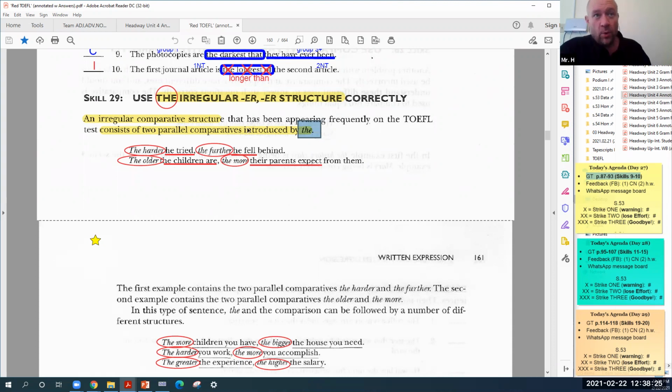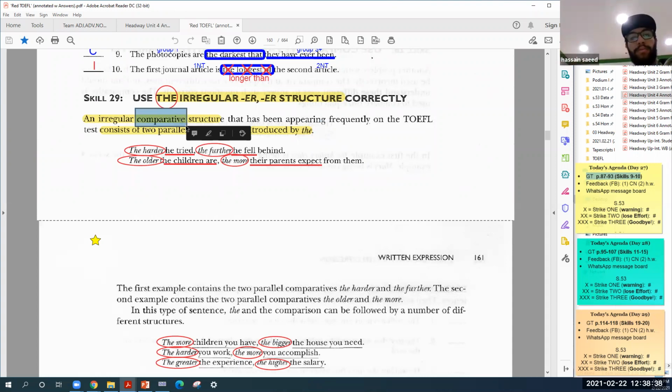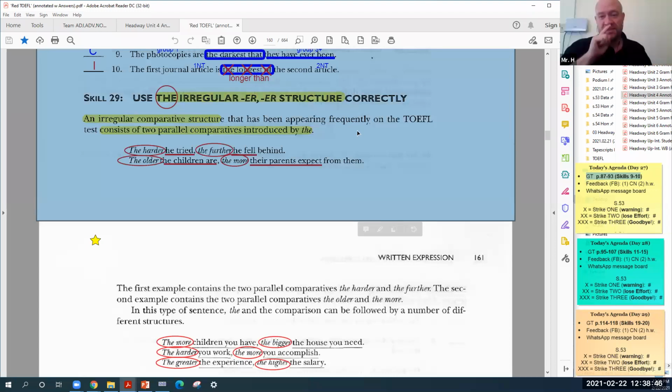Now, what is the meaning of this comparative? Yesterday we did comparative and superlative, but what does comparative mean, gentlemen? To compare. We want to compare two things, okay? Two equal things. Perfect. That is correct.